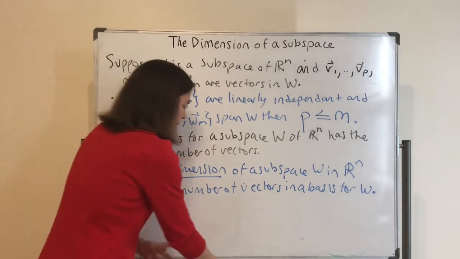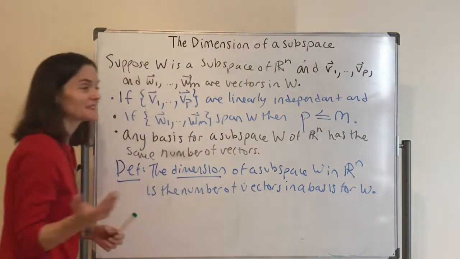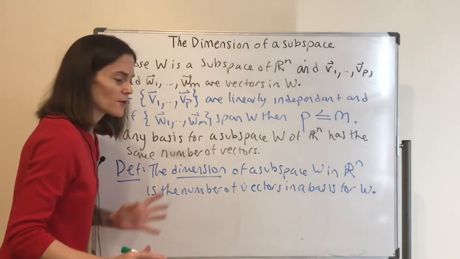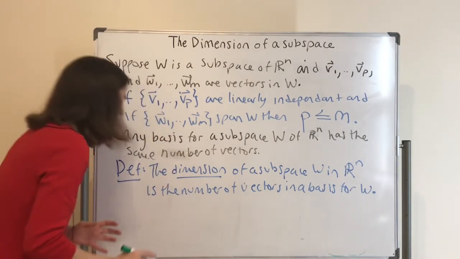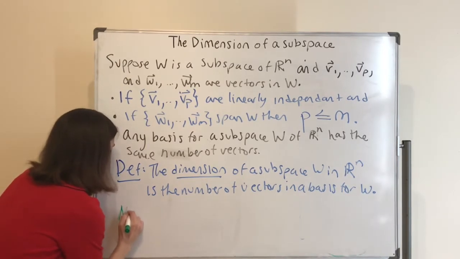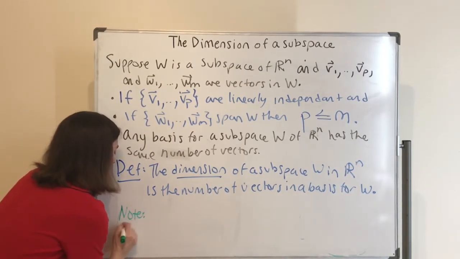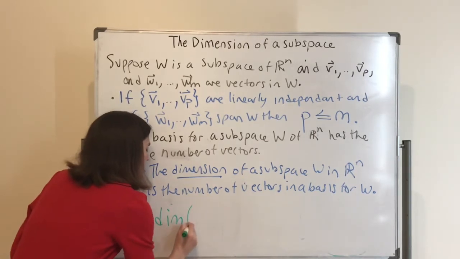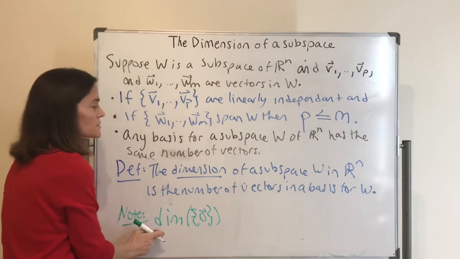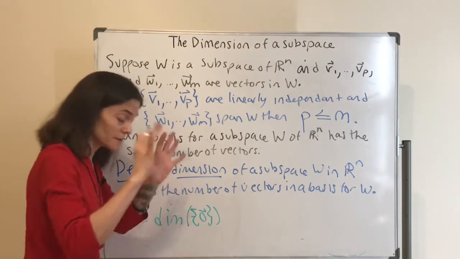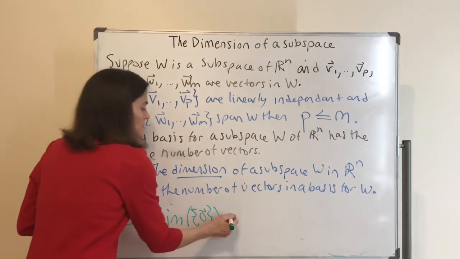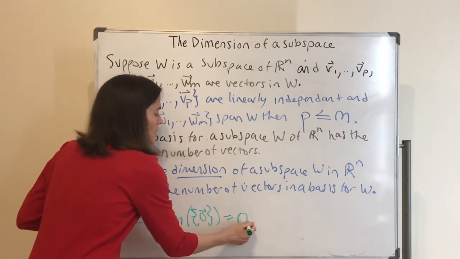Okay, let me tell you one little technicality, I don't know if it's a technicality or a convention, but I will just note: the dimension of the zero vector space, and this is the notation for dimension, it's dim of whatever the subspace is, is 0.